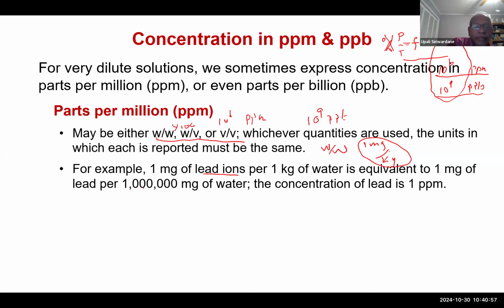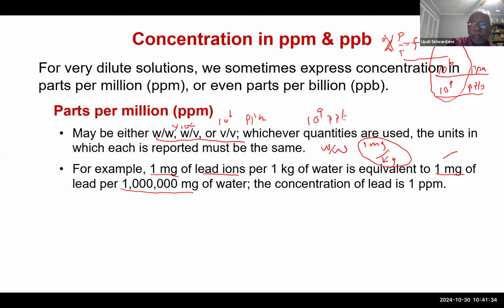How do I get that? 1 milligram is the solute, in 1 kilogram of water. 1 kilogram is 1,000 grams, so if you convert kilogram to milligram, you have a million milligrams in 1 kilogram.